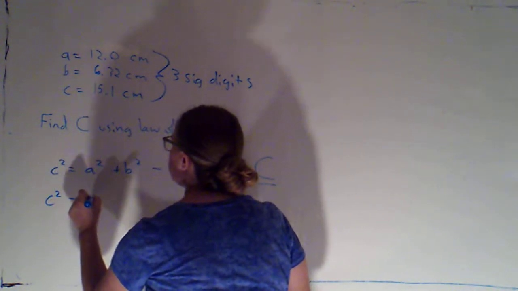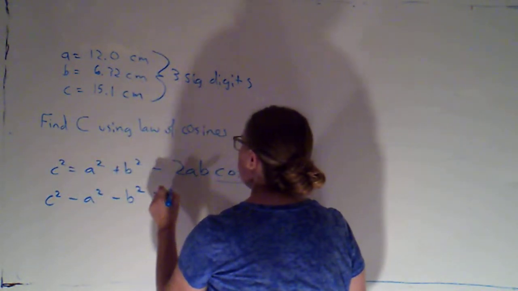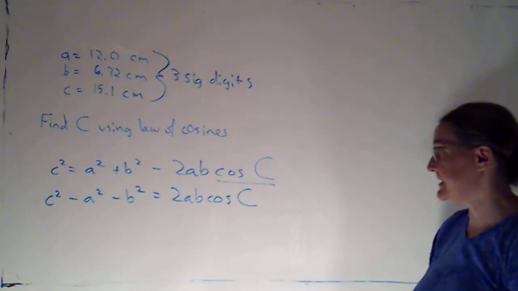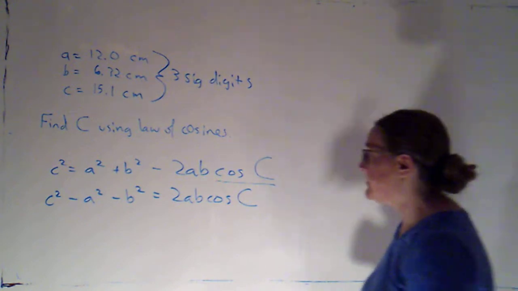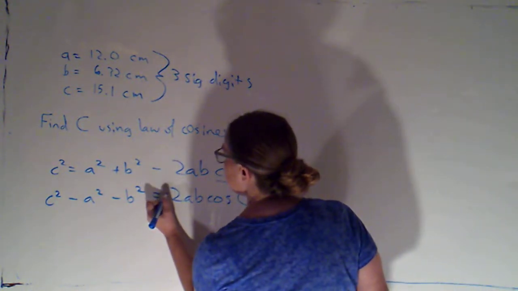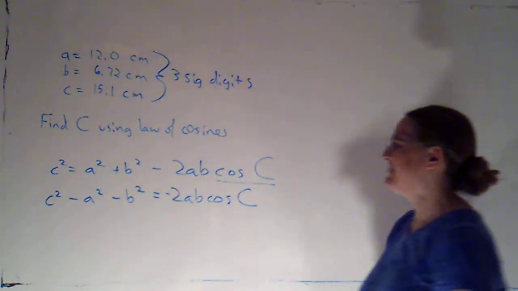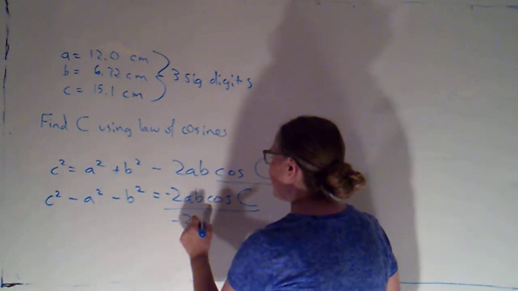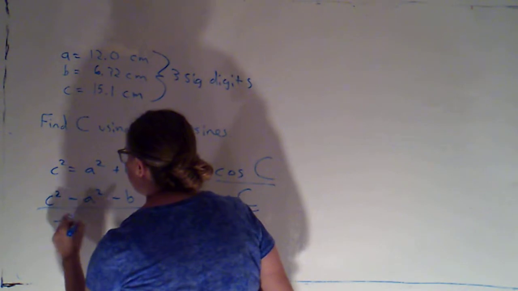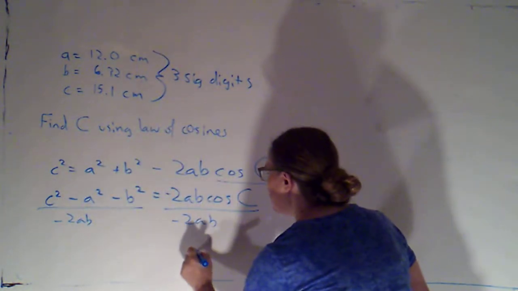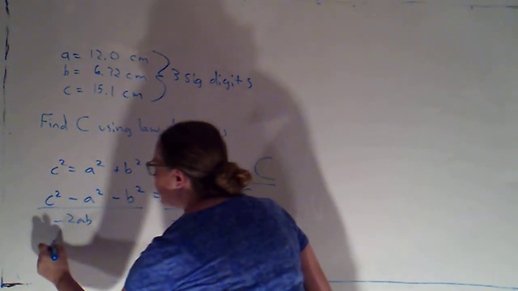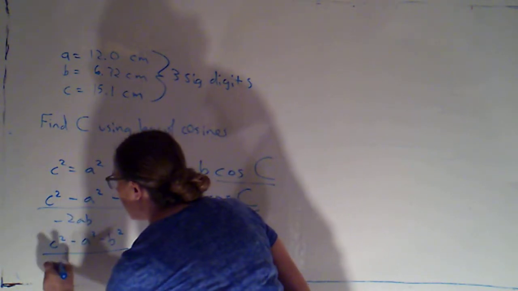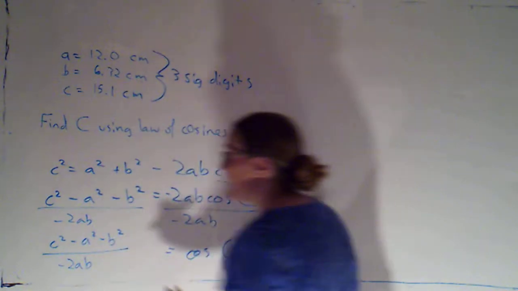C squared minus A squared minus B squared equals negative 2AB cosine of angle C. And then I can divide both sides by negative 2AB. So cosine of C equals C squared minus A squared minus B squared, all over negative 2AB.